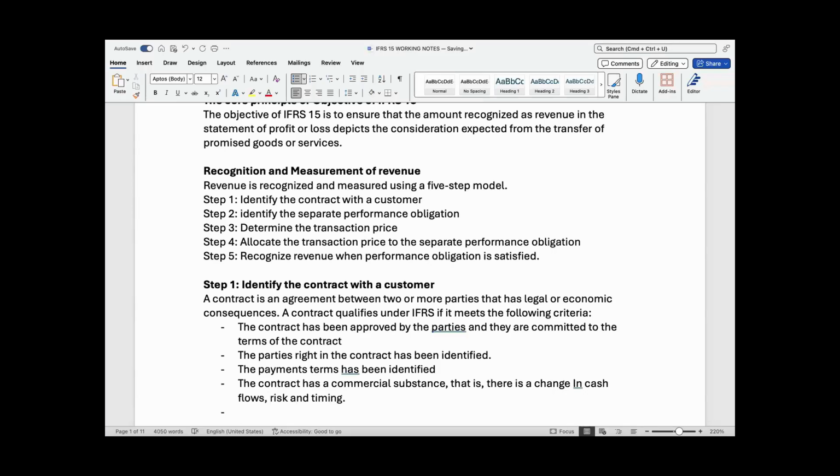And number 5, it is probable that the seller will collect its consideration.